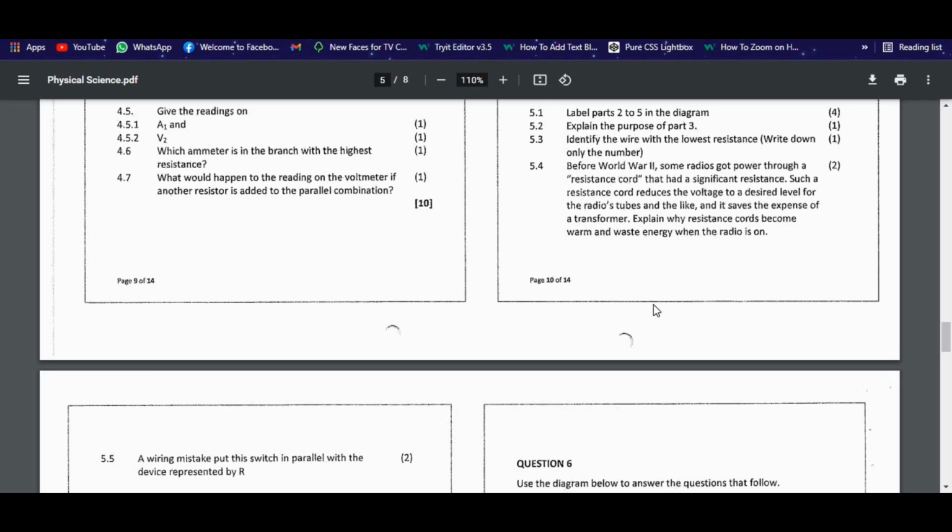So they said there that such a resistance cord reduces the voltage to a desired level for the radio's tubes and the like, and it saves the expense of a transformer. But now the resistance is increased. So if resistance is increased, that means the flow of electrons will not be as easy, or won't be as easy to pass through. Also, if you reduce the voltage, that means your electrical energy is now lower.